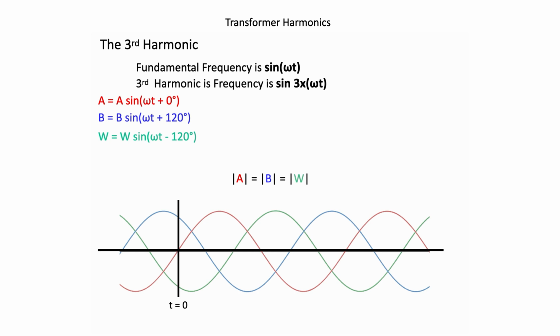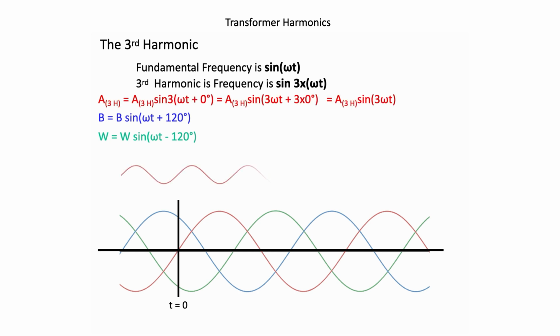Now the red phase third harmonic is given by a magnitude A3H times sine (3 omega t plus 0 degrees). And if we take the 3 times inside the bracket, it's going to read A3H sine (3 omega t plus 3 times 0 degrees), which is equal to A3H sine 3 omega t.